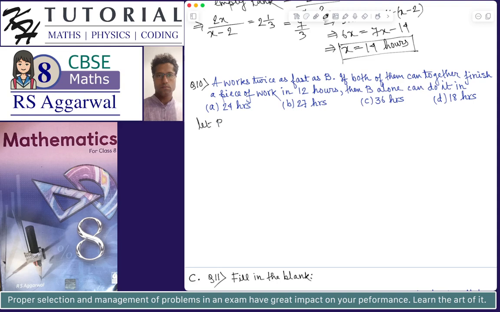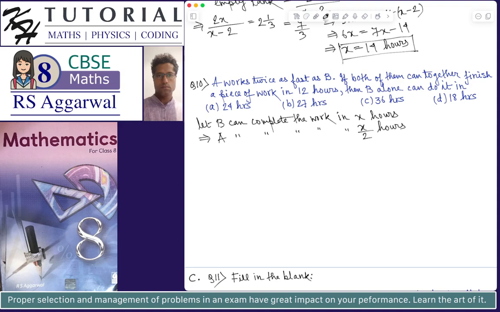let B can complete the work in x hours. Since the unit of time in this problem is given in hours, we have to consider that B can complete the work in x hours. Now from the fact that A works twice as fast as B, we can say A can complete the work in x by 2 hours.